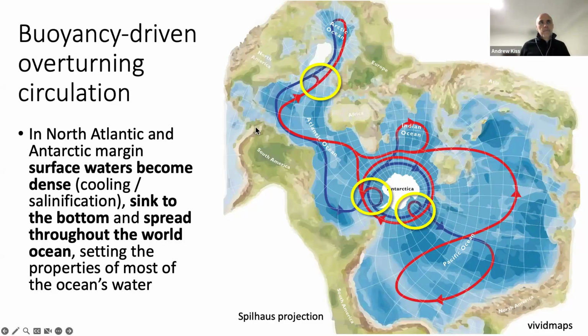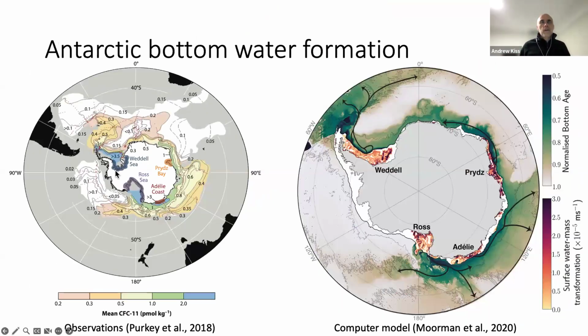So that sets the properties of much of the water in the oceans. Here's showing you where the water is formed around the Antarctic. This left-hand plot is a plot of the concentration of a chlorofluorocarbon, which you can use to track where the water gets to after it sinks, because that hasn't been in the environment for too many decades.